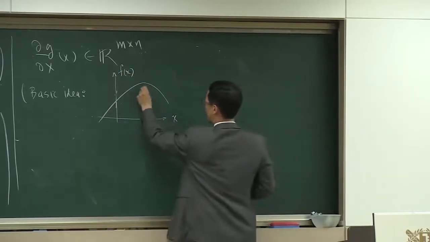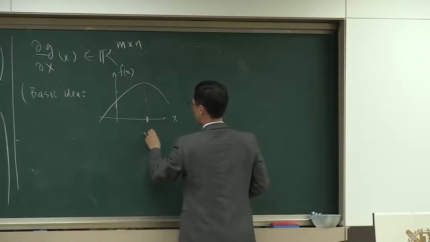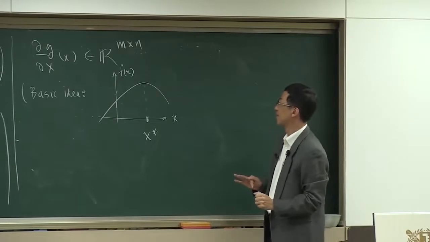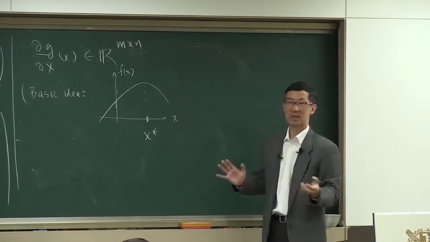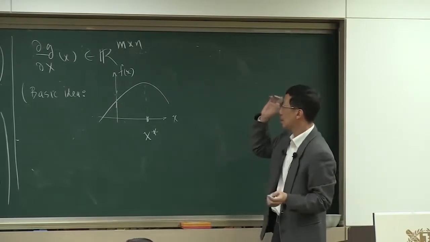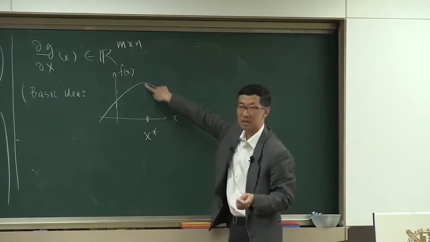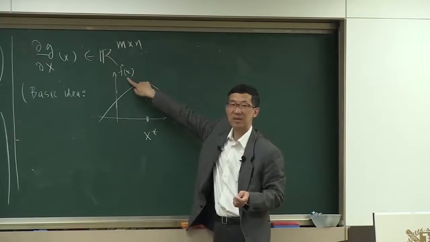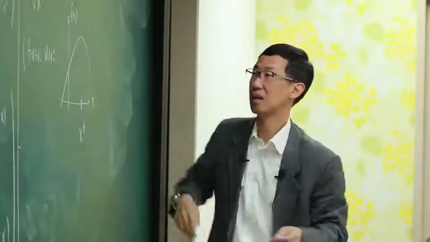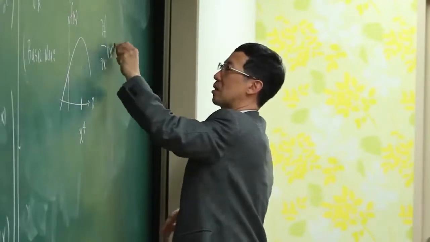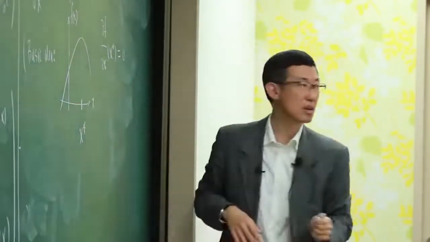Well, this is the solution right here, x star would be here. The thing to note is that at this maximum, the gradient of f, or the derivative of f, at x star is equal to 0.